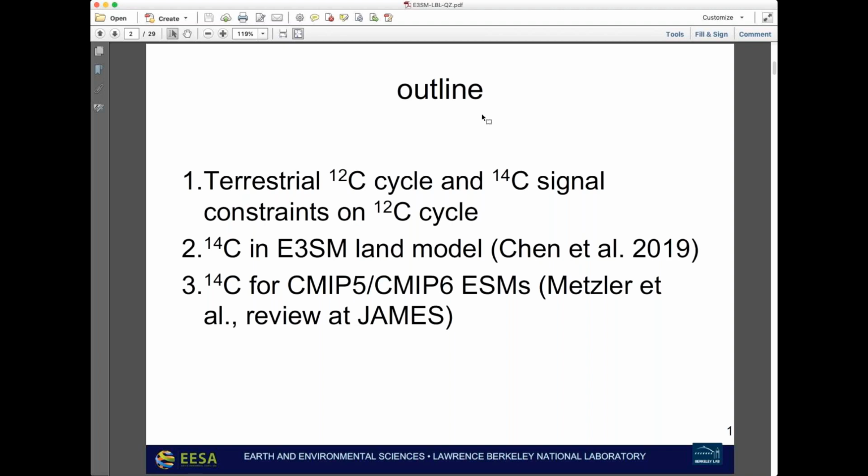And the second one is that we developed a mathematical framework based on the physics of the 12C, and then try to reconstruct the 14C out of the 12C cycles. So we don't need a 14C physical model at all. We just need the 12C dynamics.